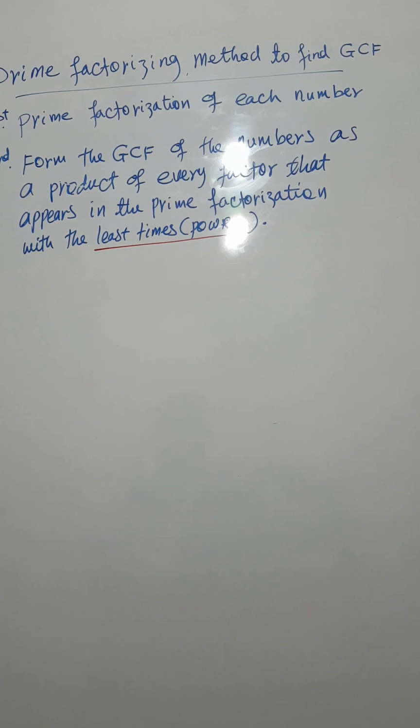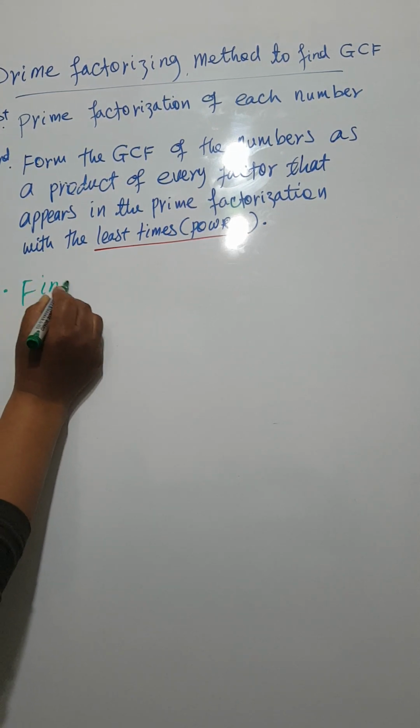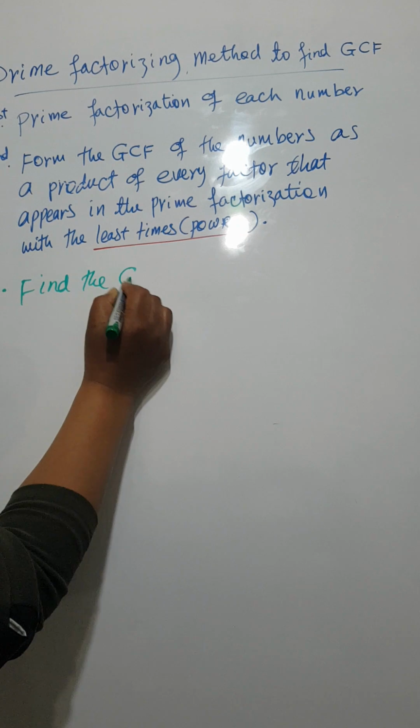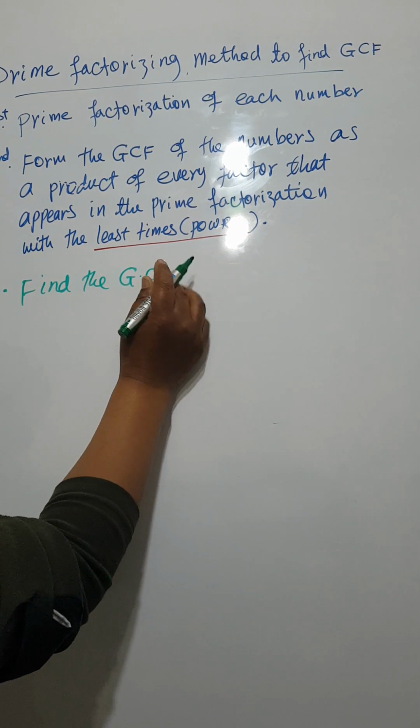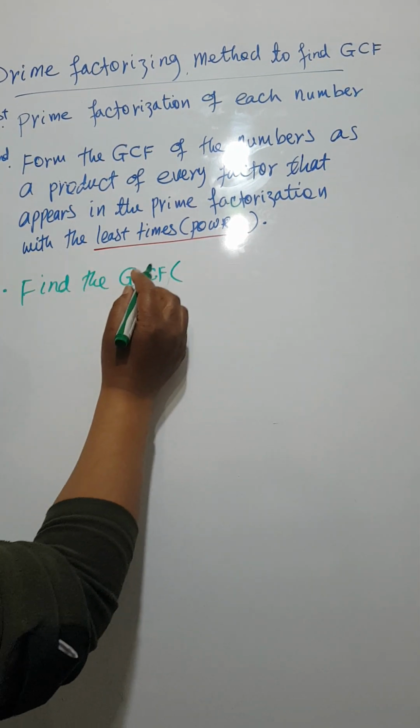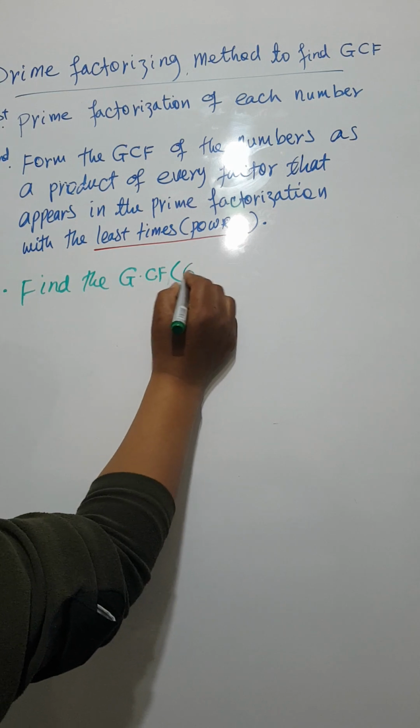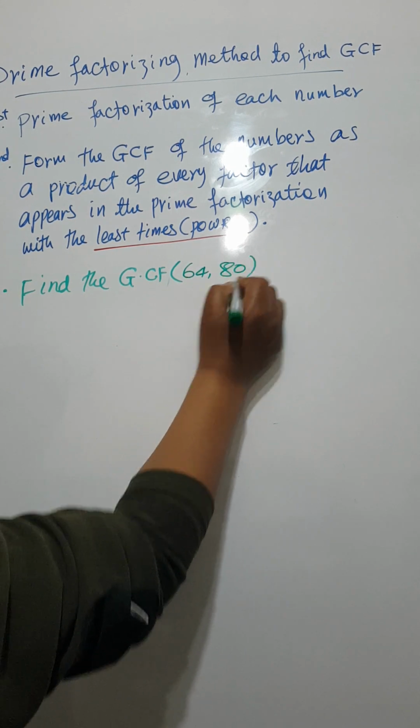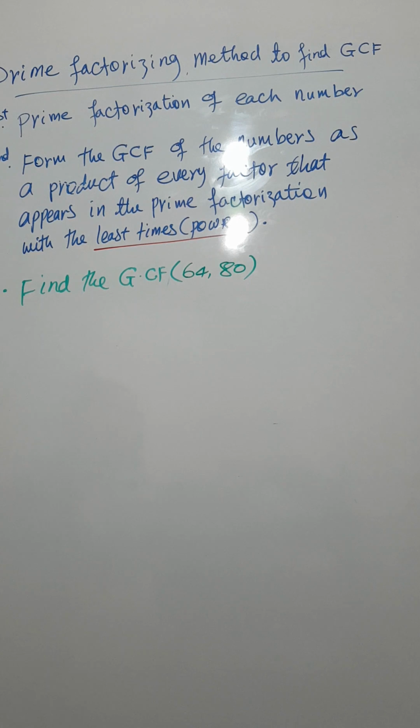For instance, as an example, find the GCF of 64 and a third number.